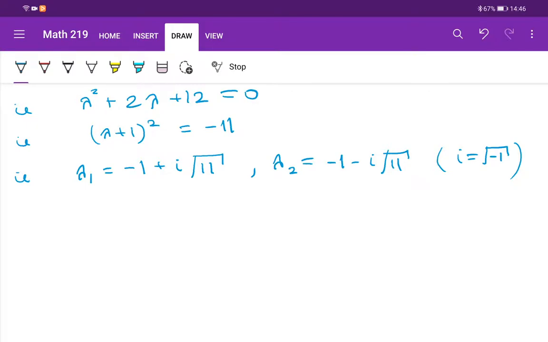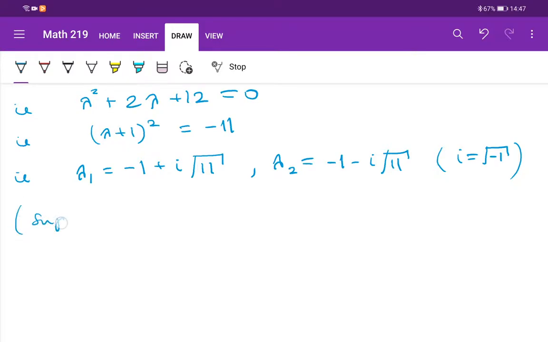And moreover, let me mention the general case. In fact, the eigenvectors will also occur in conjugate pairs. So notice that. Let's consider the general case.